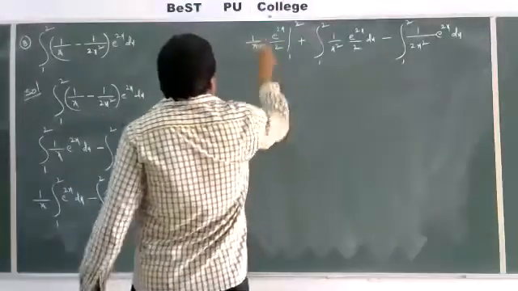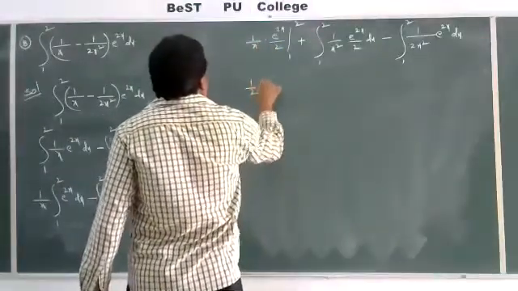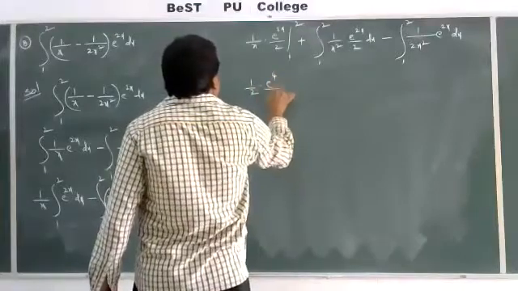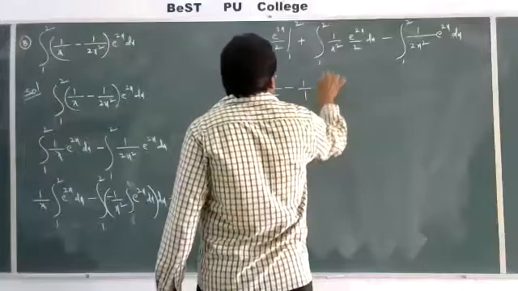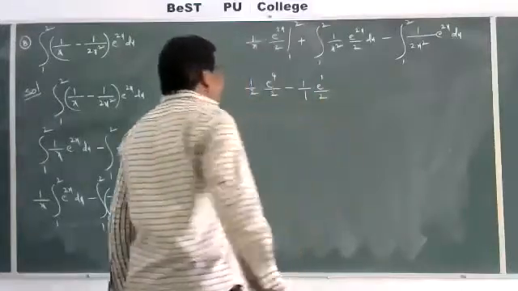Then here substitute the upper limit, 1 by 2 into e power 4 by 2, minus lower limit, 1 by 1 into e power 2 by 2.